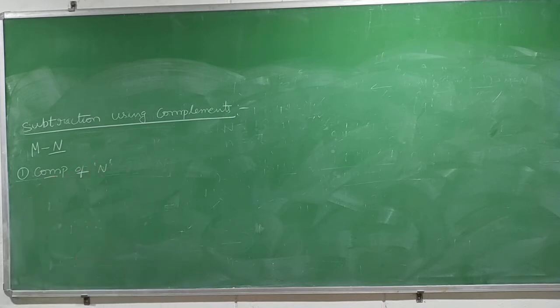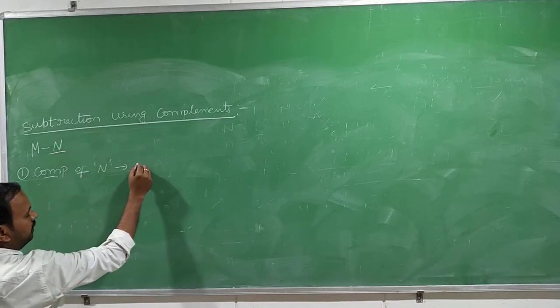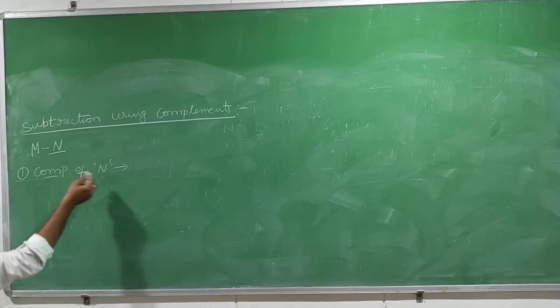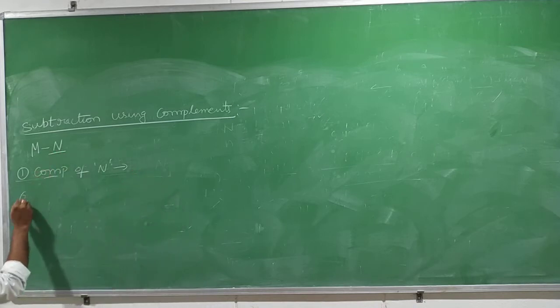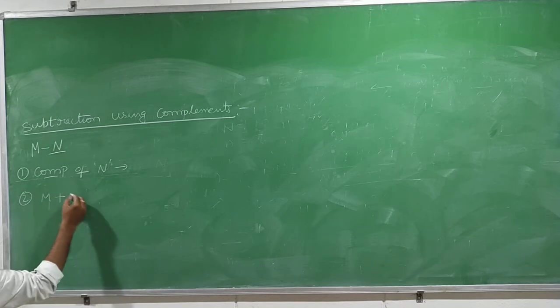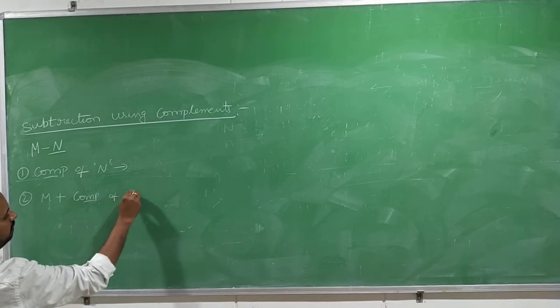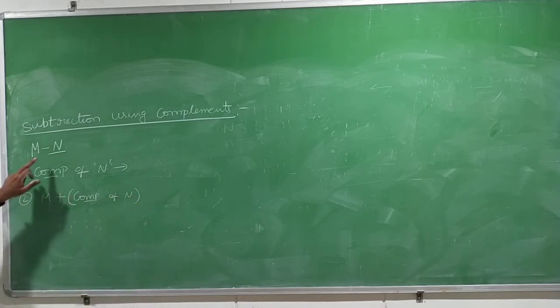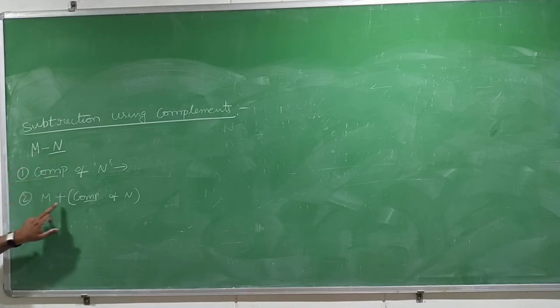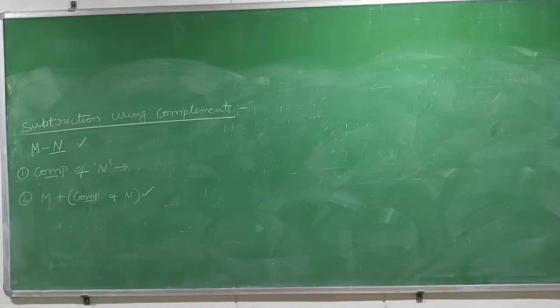The second step is m plus the step 1 result, the complement of n. So instead of m minus n, we are doing m plus complement of n, and this result and the earlier result must be the same.